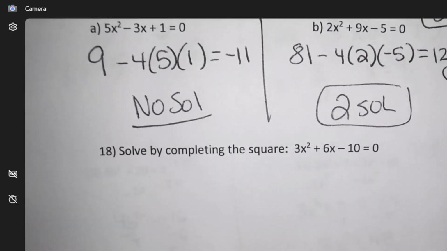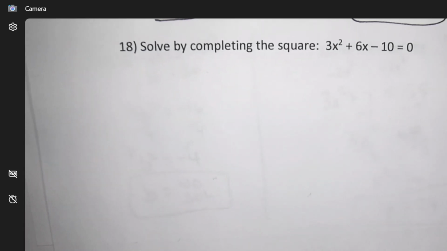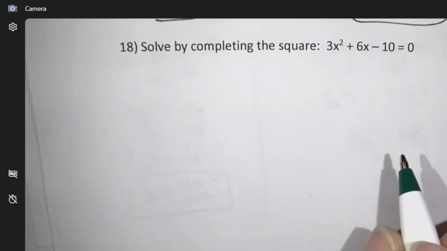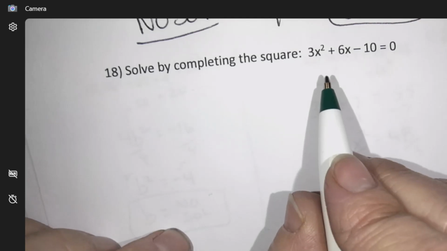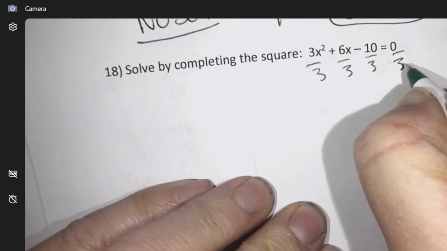Okay, and we're almost done. The last one. So completing the square, you will use this one spot on your test when you have to. Otherwise, don't pick it. It's not the best method. Okay, so my start for isolation is I'm actually going to divide everything by 3.